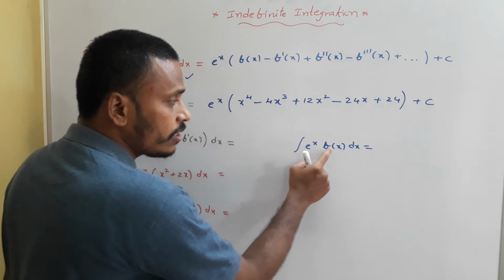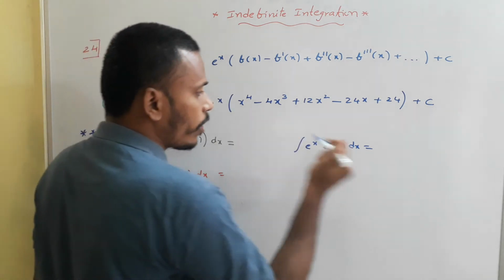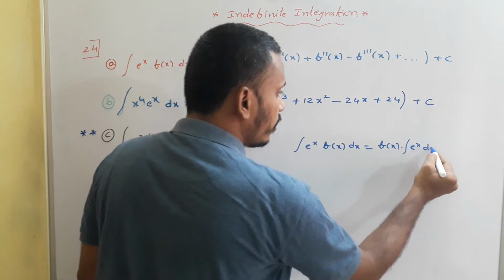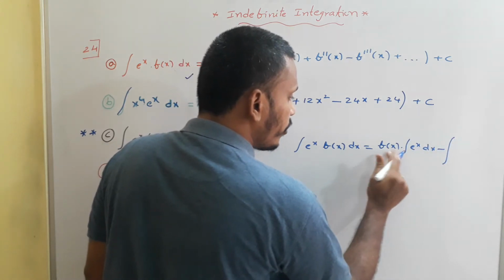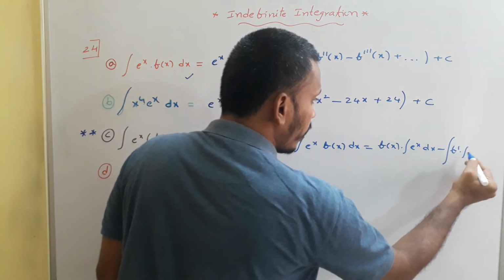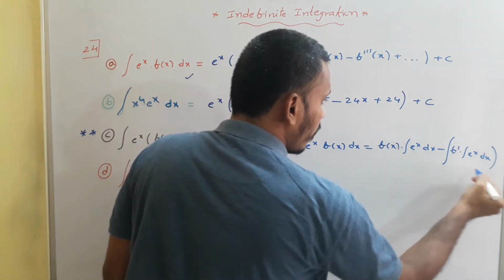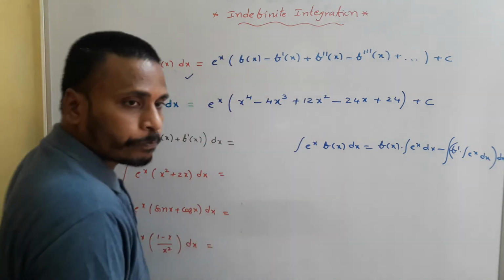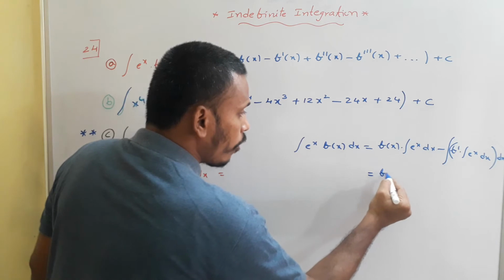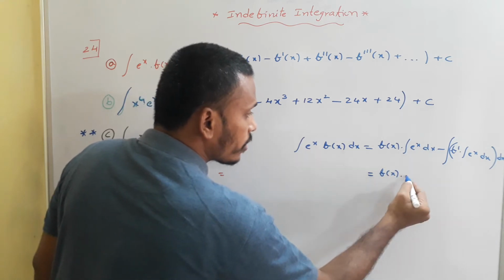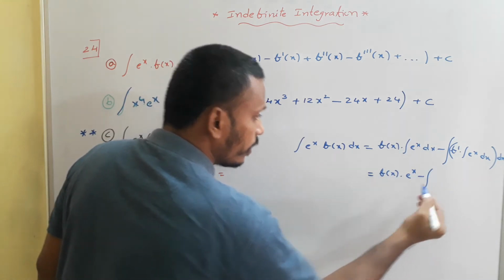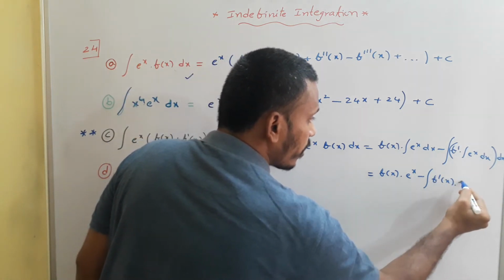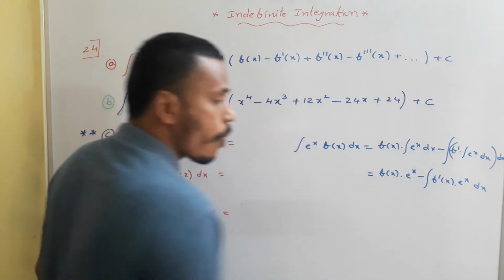First function is f of x, second function is e power x, then that is nothing but f of x into integral e power x dx minus integral of its derivative f dash into integral e power x dx, and this total part with respect to dx. Okay, this is equal to f of x into e power x minus integral f dash of x into e power x dx.